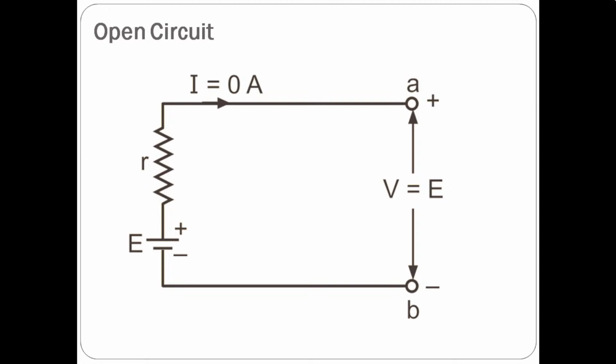So in an open circuit, what happens is, when there is no connection, you can see a circuit here. Now you can see a source is there, a resistor is there, and there are two terminals A and B. There is no connection between the A and B terminals.